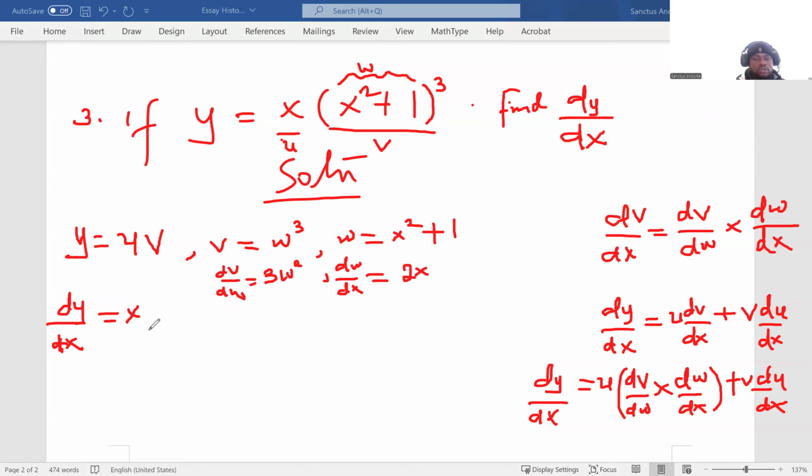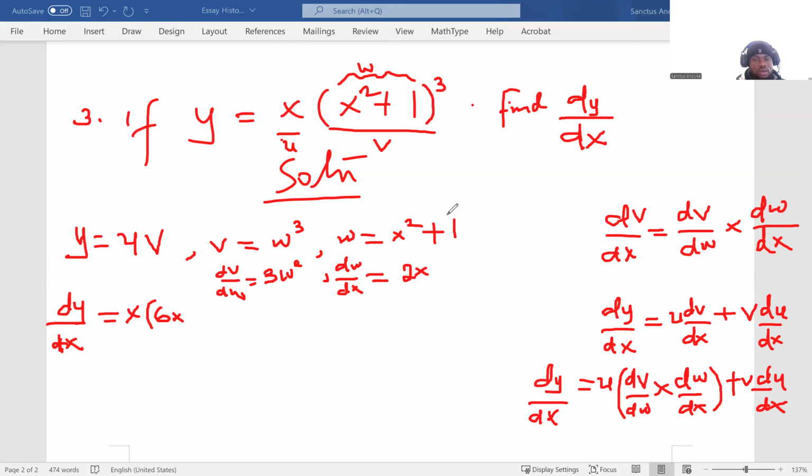So now we keep our x. dv dx is dv dw times dw dx, so we're going to plug it in here. 2 times 3 will give us 6. So we'll have 6x w square.